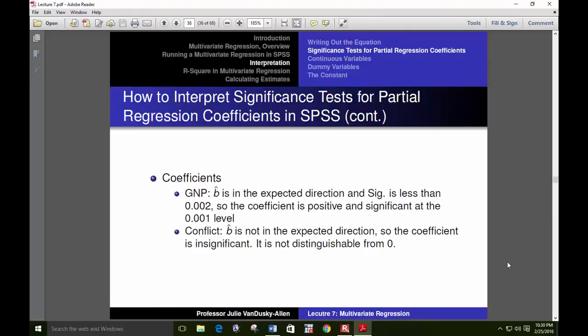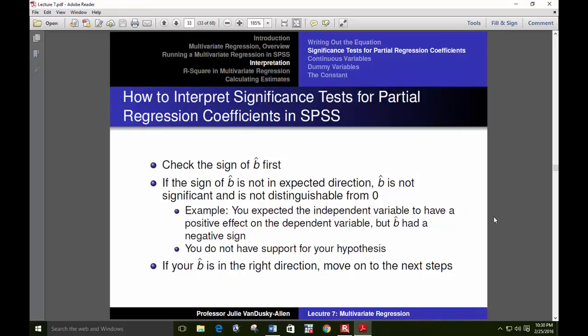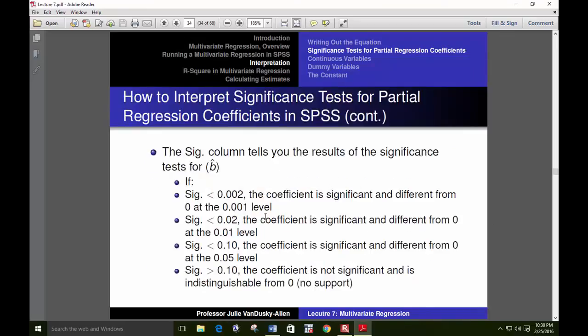So applying this exercise to our regression example, we expect GNP to have a positive effect on military spending. The B hat was positive, so we can move on to the sig value. The sig value, 0.00, is less than 0.002. So the coefficient B hat is significant at the 0.001 level.